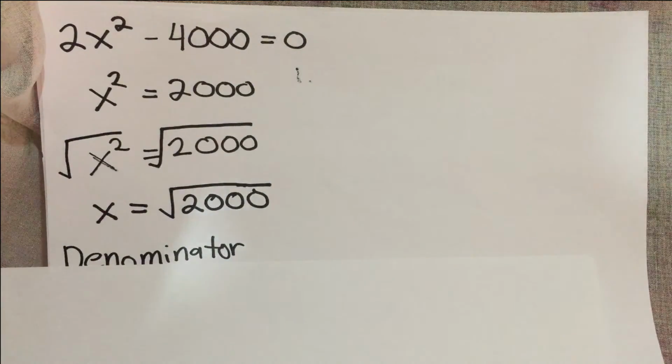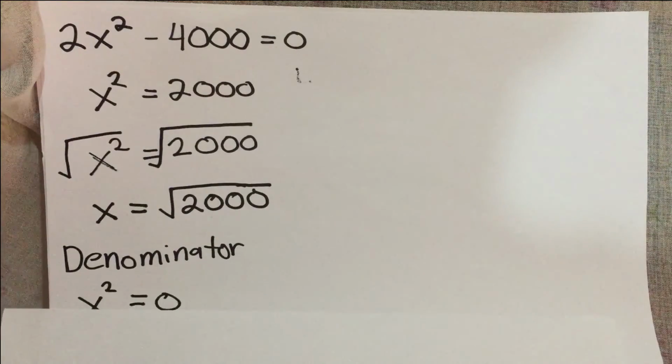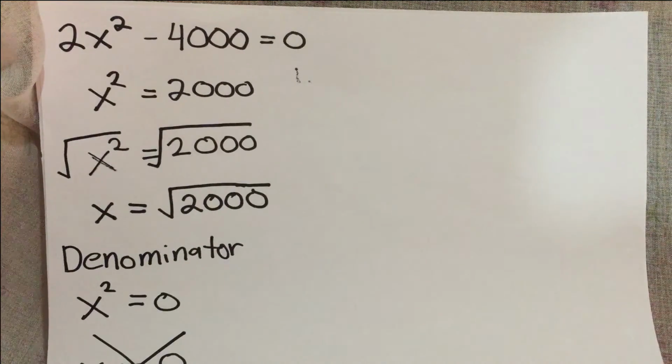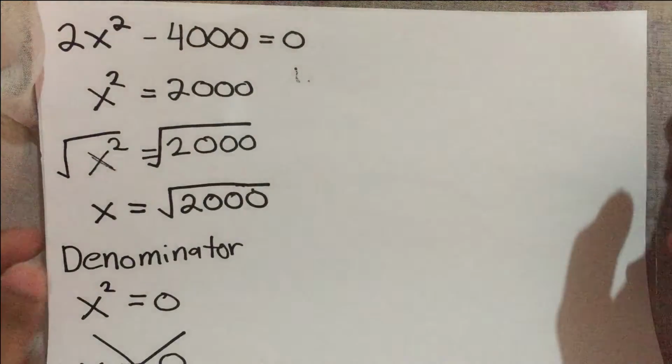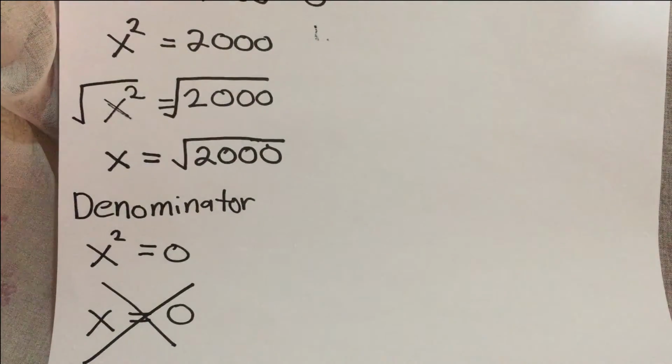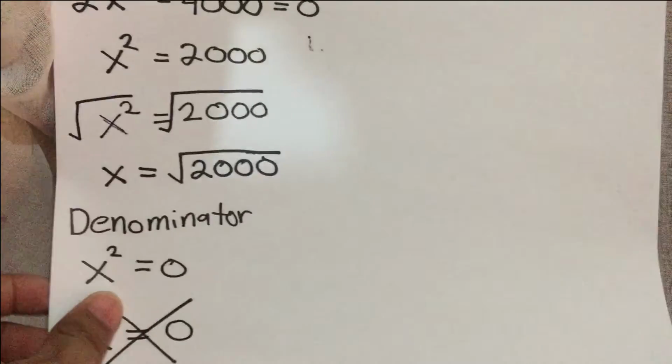Next is the denominator, x squared equals 0. We don't have a value of 0 because there's no dimension which equals 0, so x must not equal 0. Therefore the value of x is the square root of 2000.